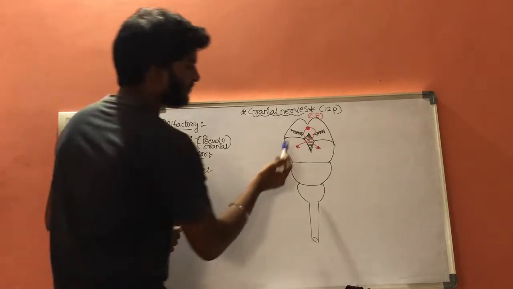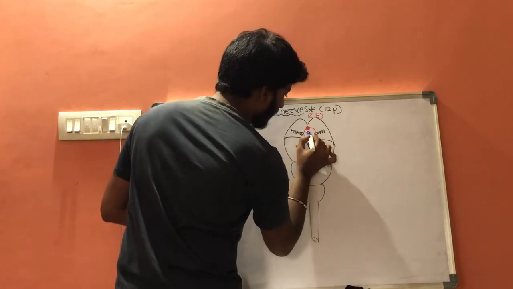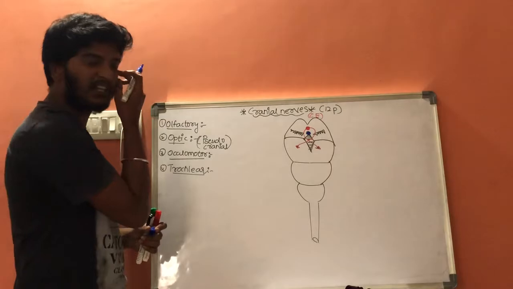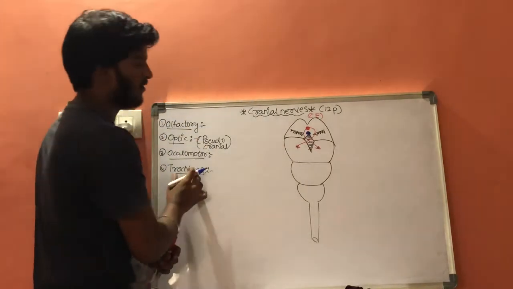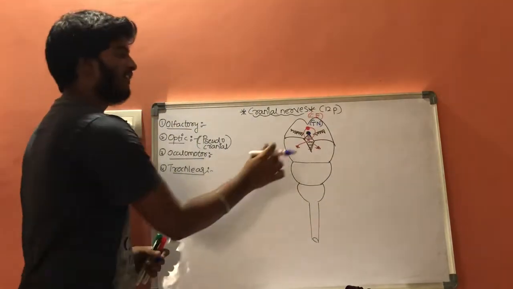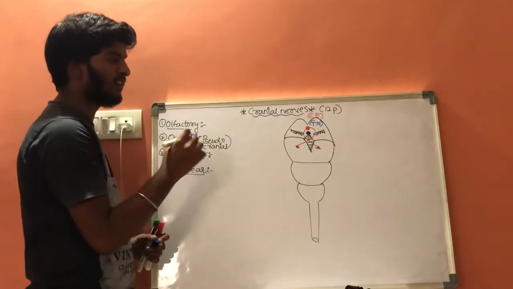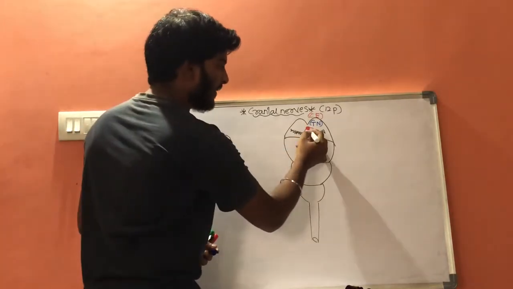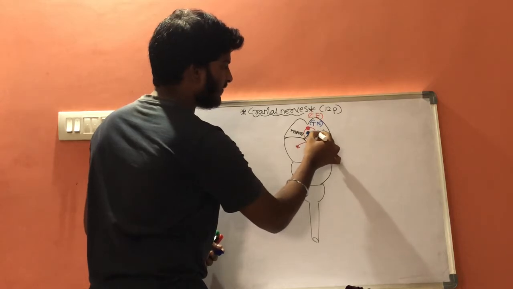Just below the cerebral aqueduct there is a special nucleus, which is called the trochlear nucleus. Now, from this trochlear nucleus, special fibers will be arranged, and these fibers will move from the back side of the brain. They will move in this way.